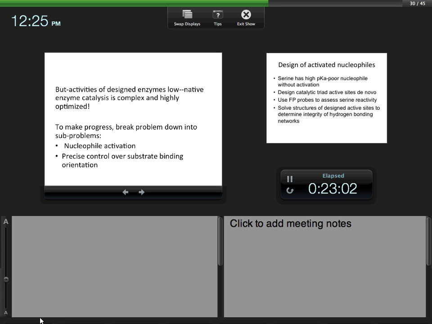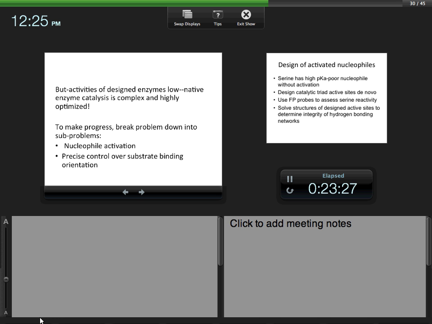The other thing which I found, which I didn't like, was that when directed evolution was carried out on some of the designs, not all of them, the mechanism would actually switch. And so, when you're doing design, you want to get it right for the right reason, not get it right for the wrong reason. So what we're really focusing on now is to try and break enzyme catalysis down into simpler subproblems.